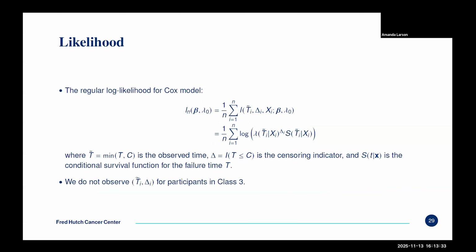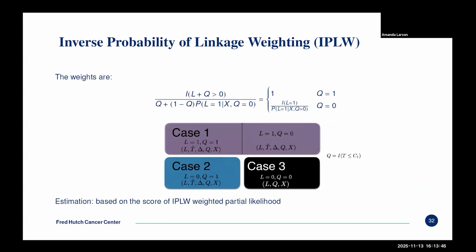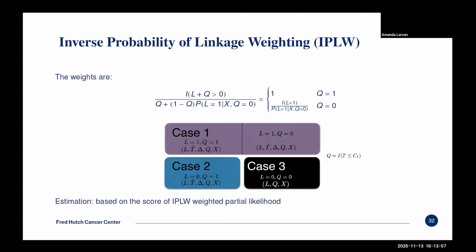We want to use this set of participants to represent the whole. So these two cases, case 1 and case 2, are given weight 1, and case 3 gets weight 0, but this part is inverse weighted by the linkage. And then we developed the IPLW weighted partial likelihood.